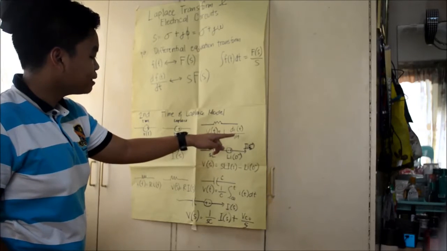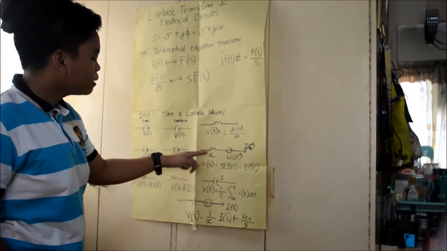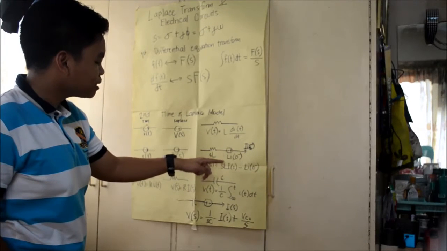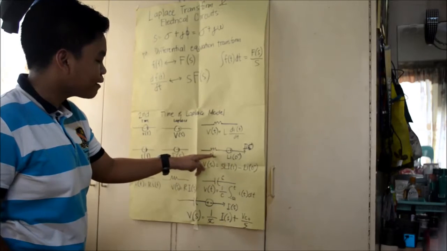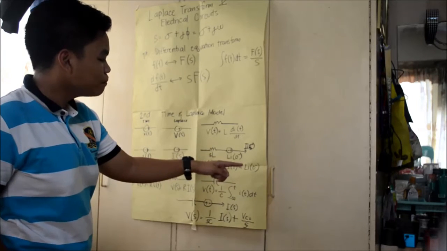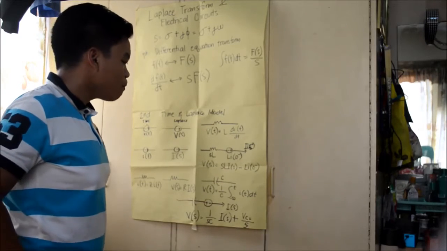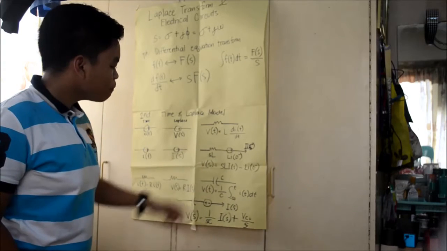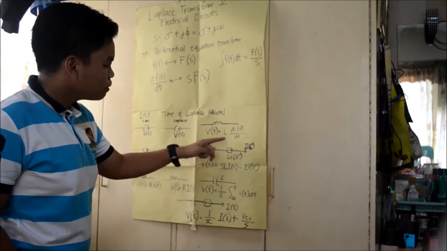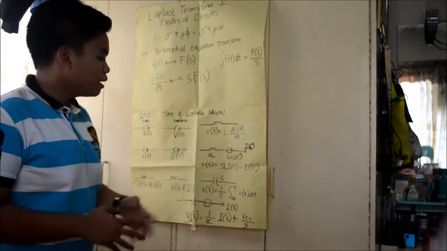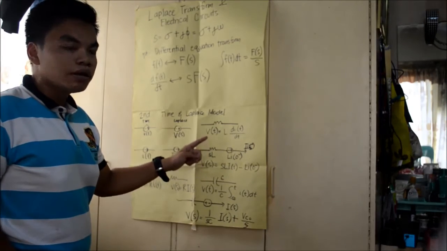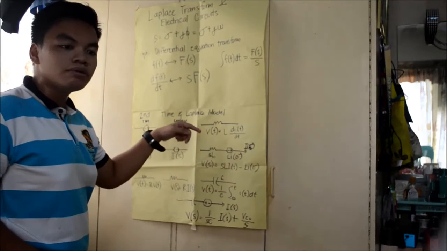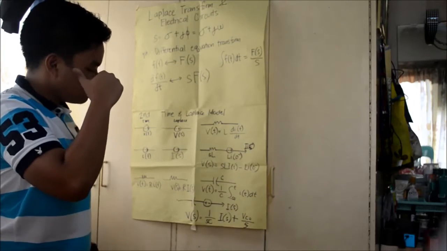Because this is in the differential form, and the term is the initial condition. And why negative? Because the inductor is the one which is resisting the flow of current.